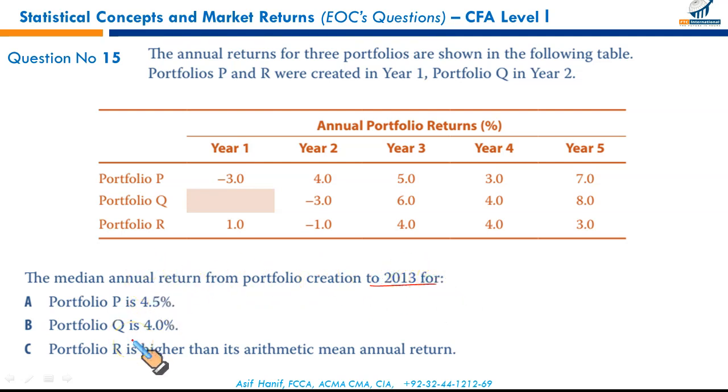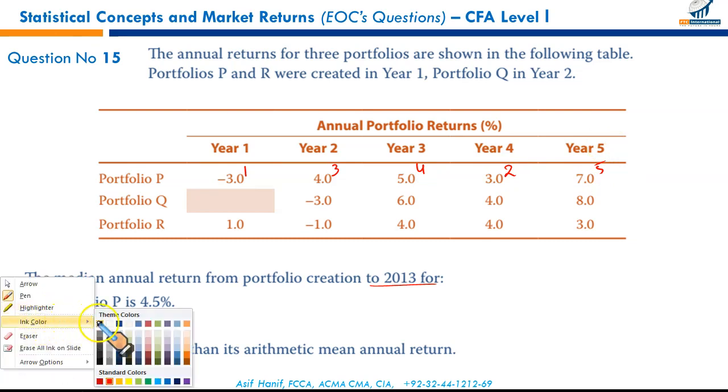Now this is a time consuming question. Starting first with portfolio P, arranging from the smallest to the largest. This is the smallest, 1 means the smallest. Bigger than negative 3 is 2, 3rd position would be for this, then 4th position and 5th position. I think I should take a different color so as to differentiate what I'm doing.